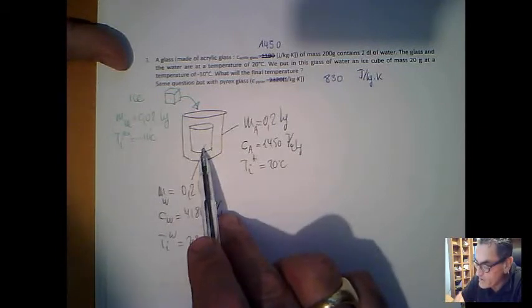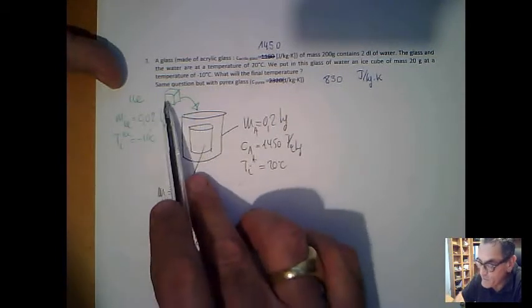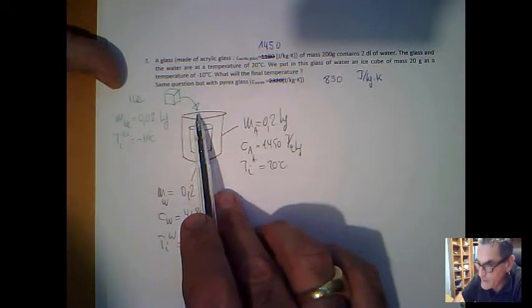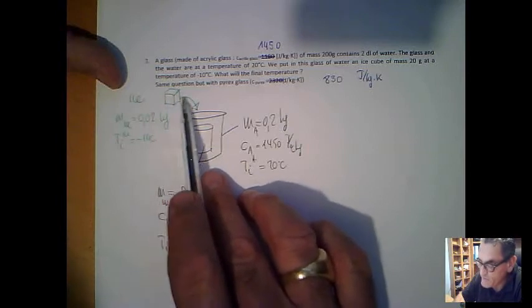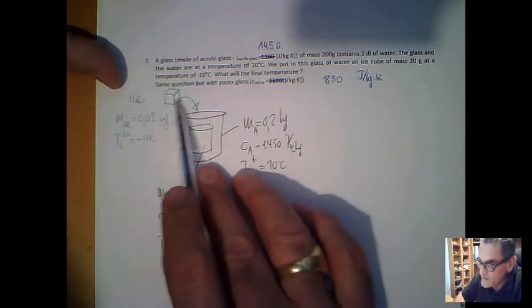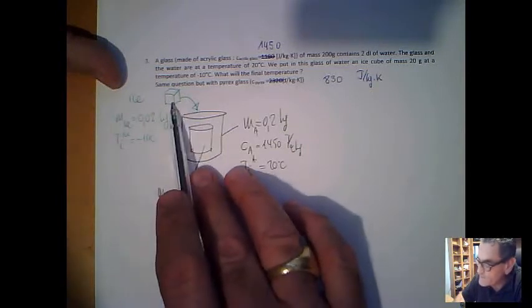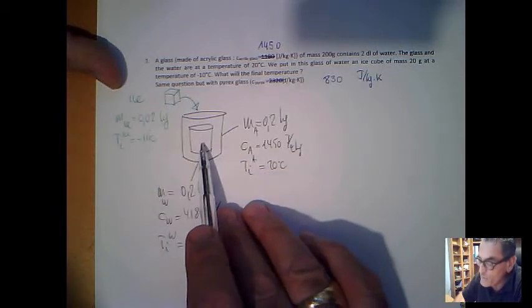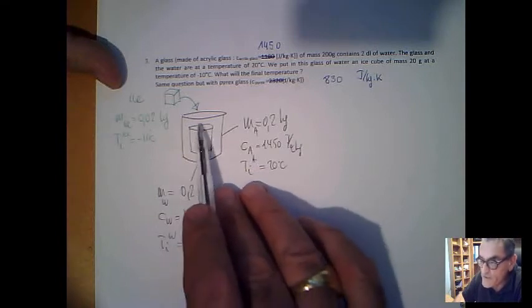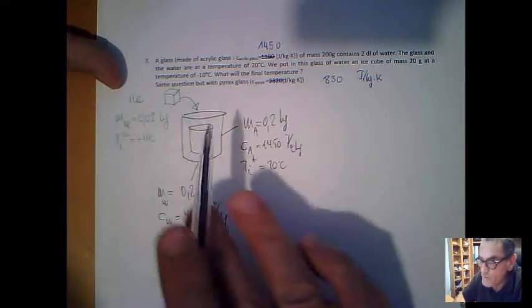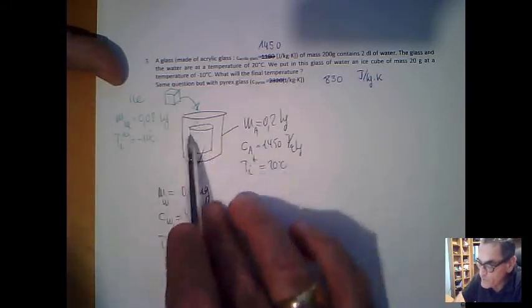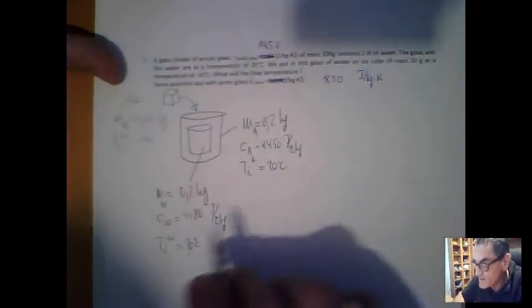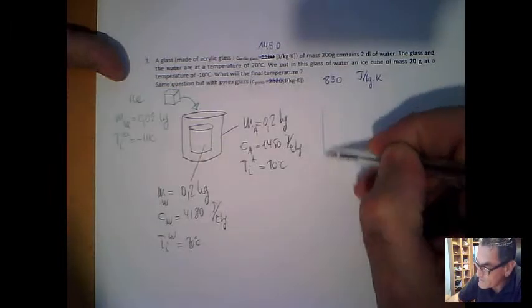But one thing we can say is that probably this ice will all melt, because if we learn from the last exercise, we have here ice, 20 grams, and water, 200 grams, so the water is clearly taking over. We saw in the previous exercise that with 1 kilo and 1 kilo it doesn't work, but here it should work. Let's do the calculations.